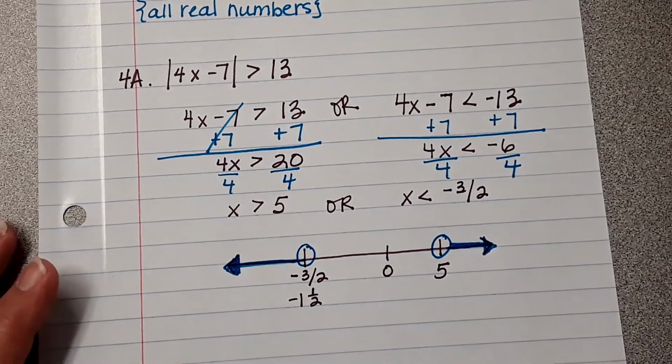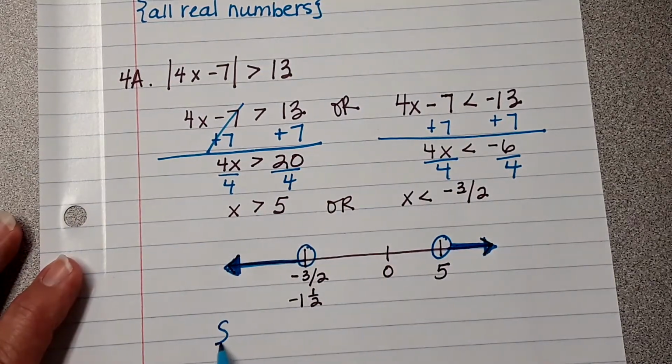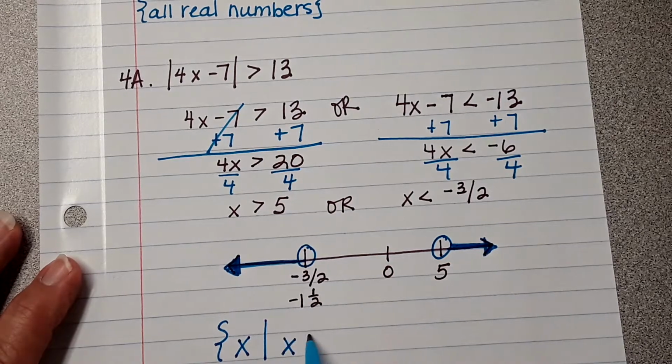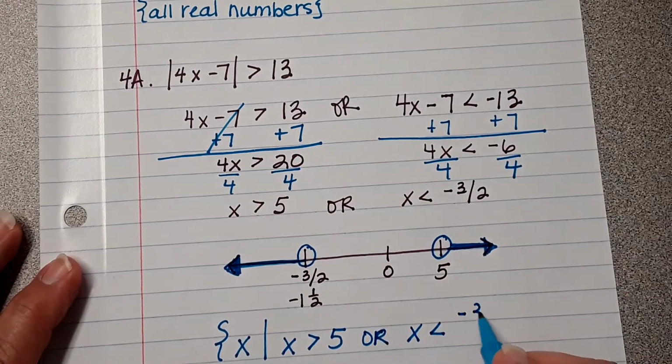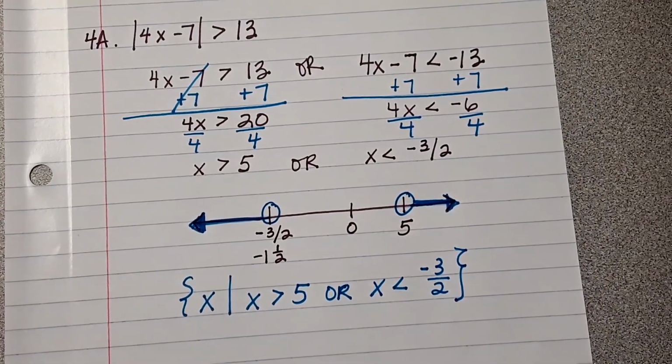And you guys, just a reminder about how to set this. I know I haven't done this, but we're going to say x such that x is greater than 5 or x is less than negative 3/2. That's your answer, okay?